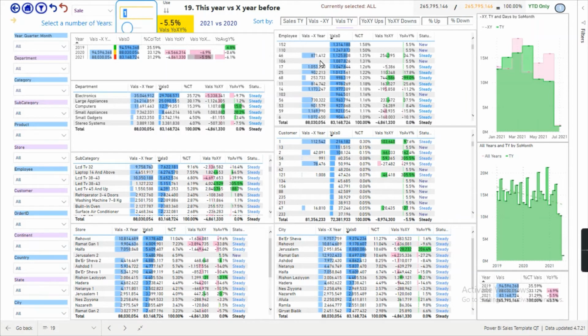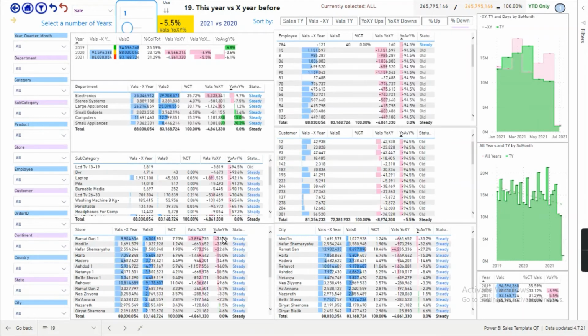We already saw this page, so it will be fast. Let's sort by the percent of decrease, percent down. Here it is. Most stores are down. Ramat Gan one by 34%.